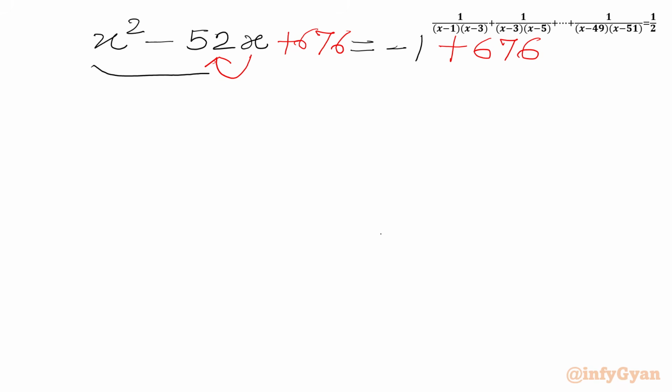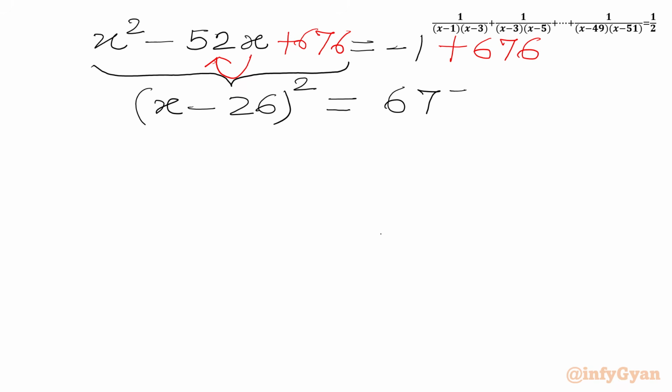This will create a perfect square in LHS, which is (x minus 26) whole square. And in RHS, 676 minus 1 is 675, which will be written as 225 times 3.